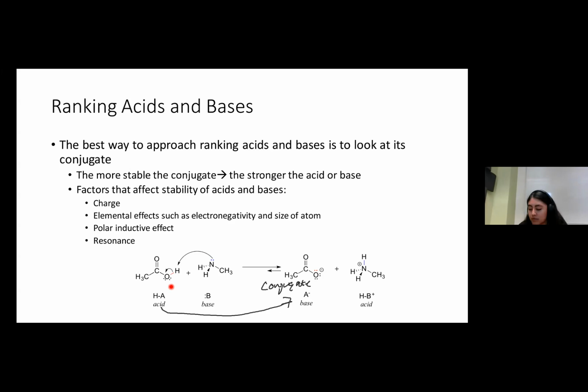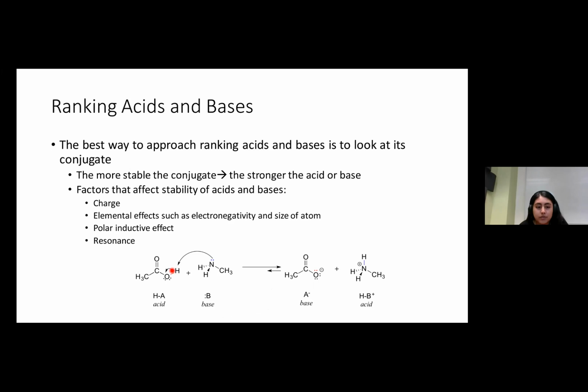And that makes sense, because if this conjugate is more stable, then this acid should want to lose the H to become this molecule, since this is more favorable. So that's how we're going to look at this when we're ranking acids and bases: what forms a more stable conjugate, whether we're talking about base or acid. Are there any questions so far?